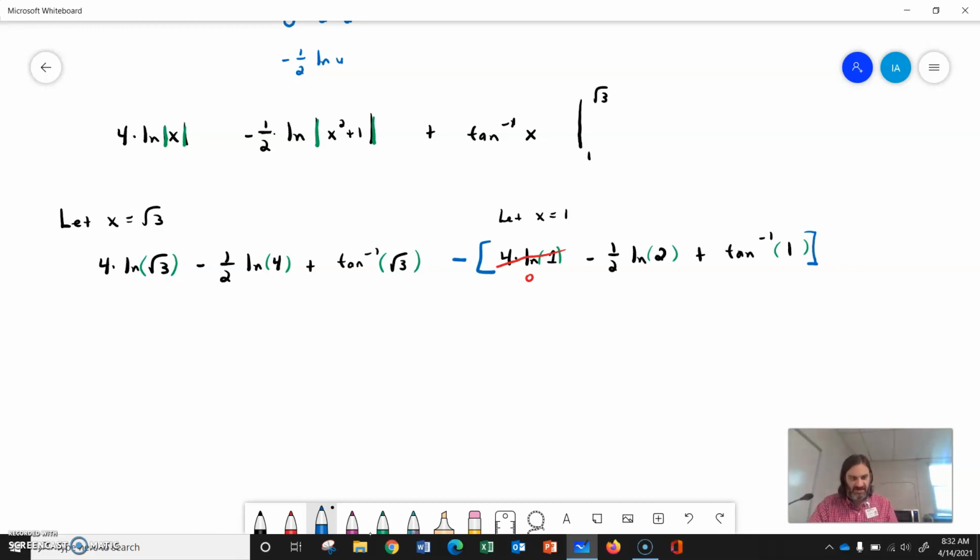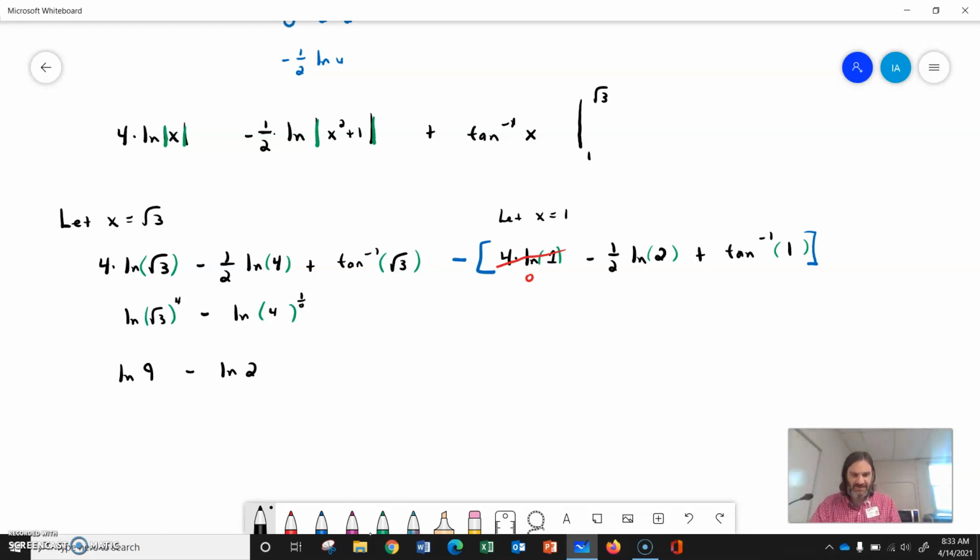So lots to figure out here. Some things that can be cleaned up pretty easily. This 4 times natural log of square root of 3, that 4 can go in as an exponent. You can do this on a calculator, but it will give you the natural log of 9, and then we will have minus, and we can move that 1/2 into the natural log of 4, and that will give us the square root of 4, which is the natural log of 2.